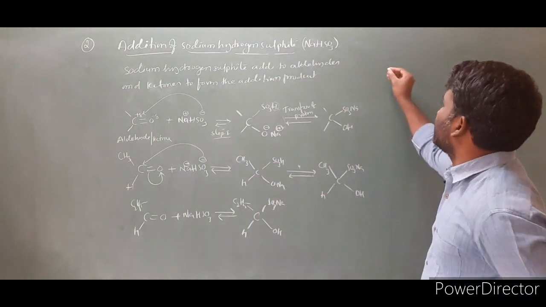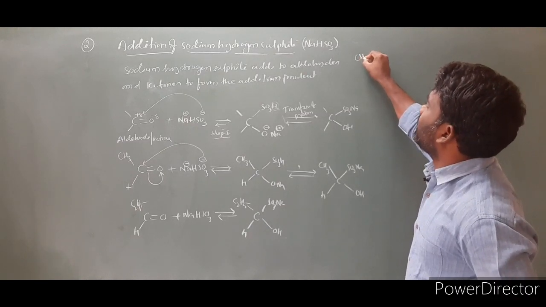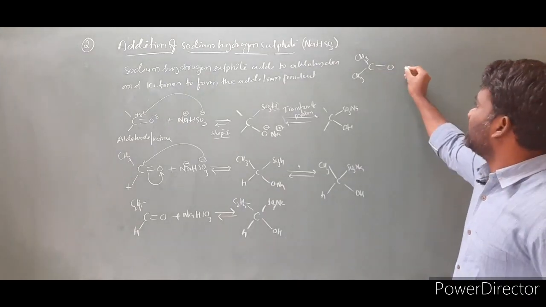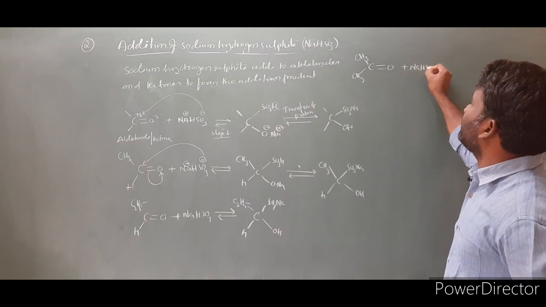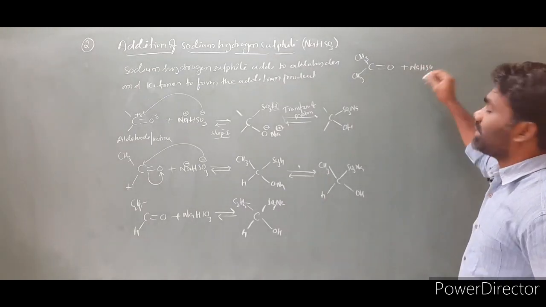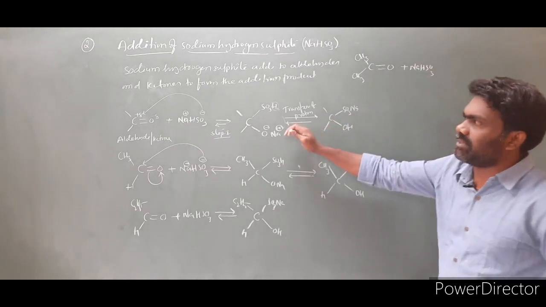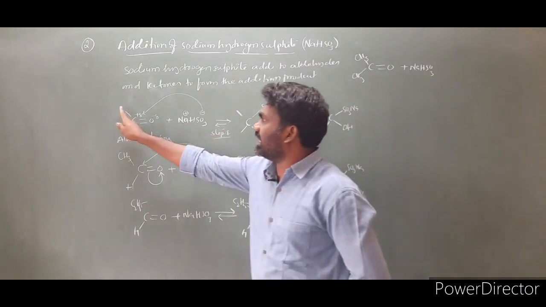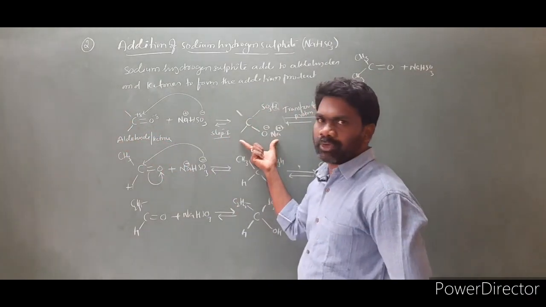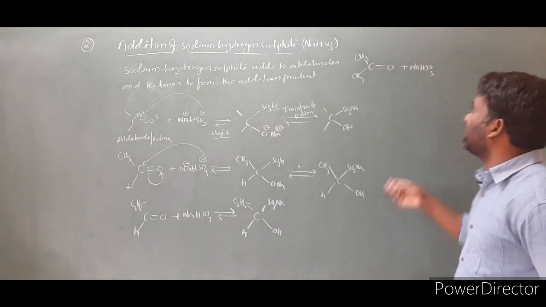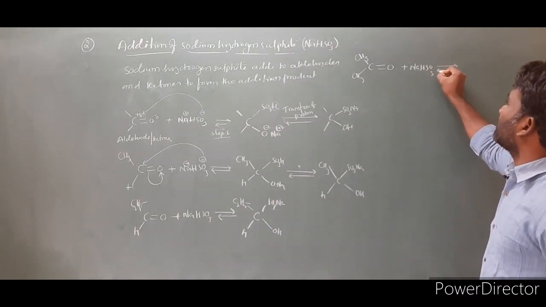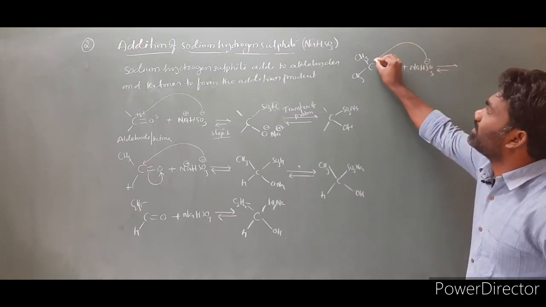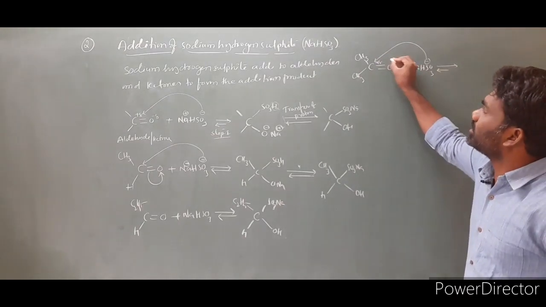So these are aldehydes. Take some ketones. I am taking CH3, C double bond O, CH3. This is a ketone. This will react with NaHSO3. I am writing direct product in this case also. This is the same mechanism we have to follow. Here is methyl, here is methyl. HSO3 minus attacks this carbonyl carbon, which is partially positive, while oxygen is partially negative.